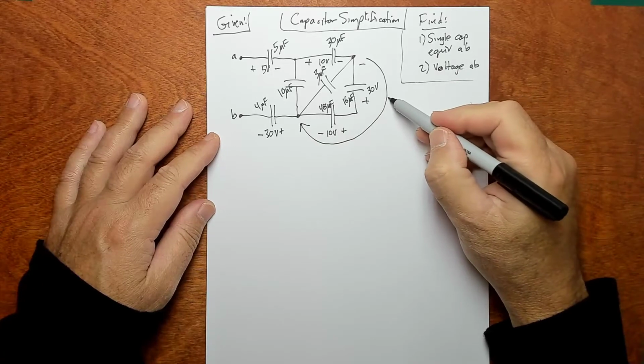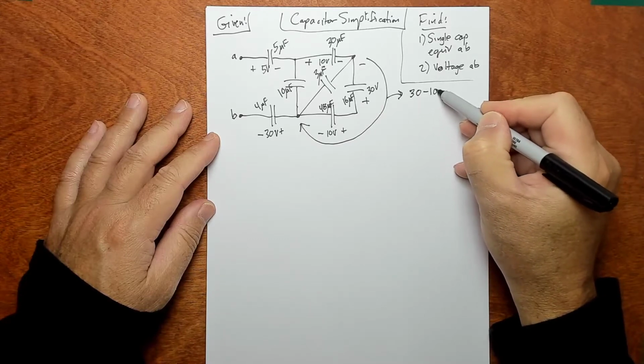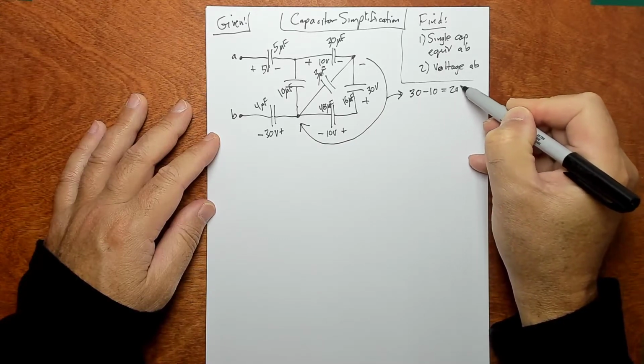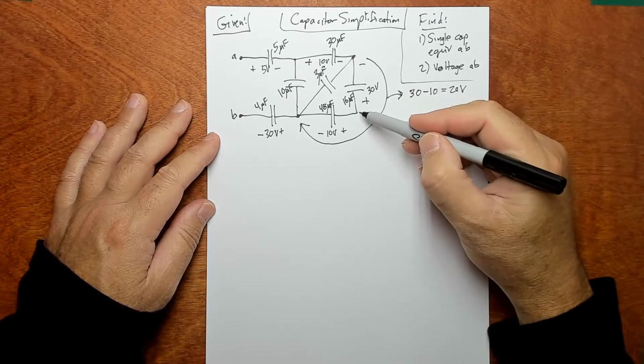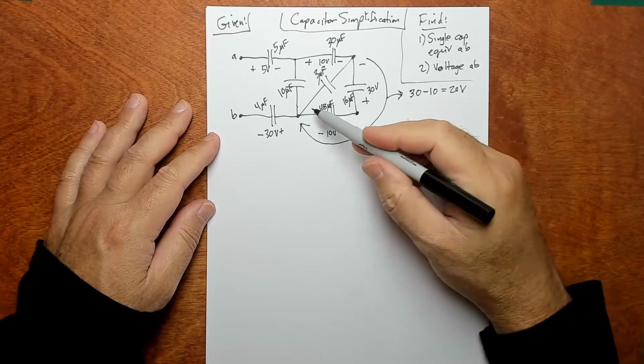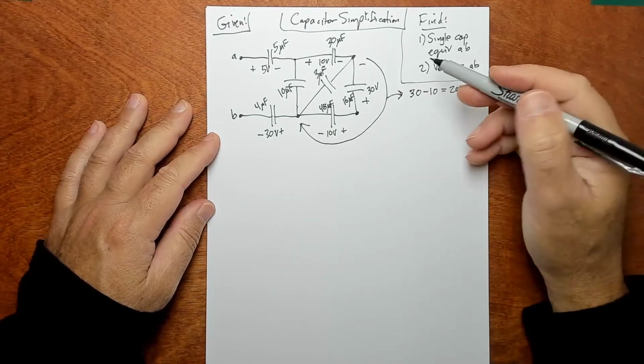So this little loop right here would be rising 30 and then falling 10. So that's 20 volts. Rising from minus to plus, rising 30 volts to this point, and then falling 10 volts. So the total voltage change is 20 volts.